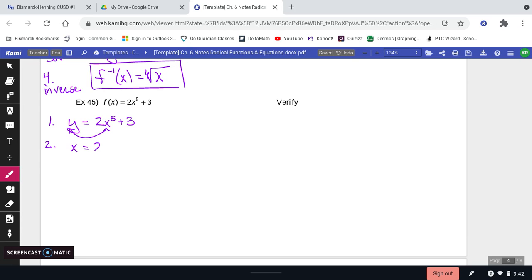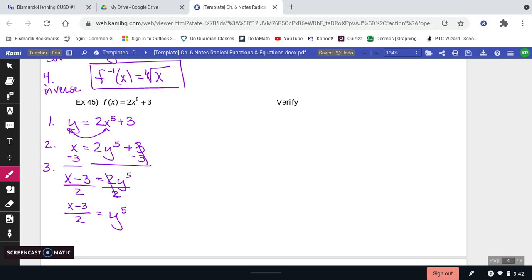So x equals 2y to the fifth plus 3. We're going to solve for y. So that's going to mean I want to move my 3 first. So I've got x minus 3 equals 2y to the fifth. Now I'm going to divide by 2. So x minus 3 divided by 2 is y to the fifth.